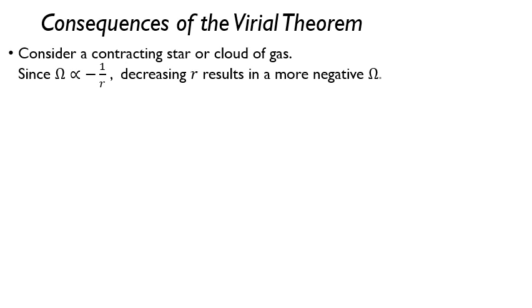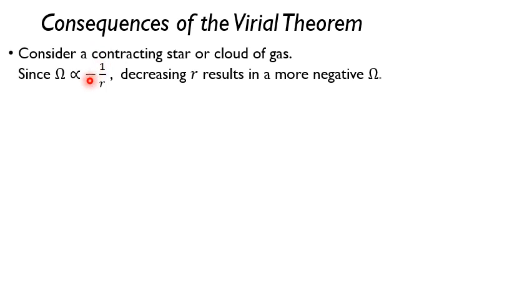Well, let's just consider a contracting star or some contracting cloud of gas. So our potential goes as -1 over r. You know, for gravity, it's minus G M m over r. And then if we're going to decrease the radius, right, we're going to contract, that means that the denominator is going to get smaller, and therefore this quantity, 1 over that radius, is going to get larger.